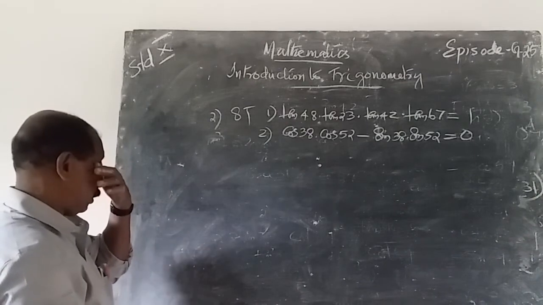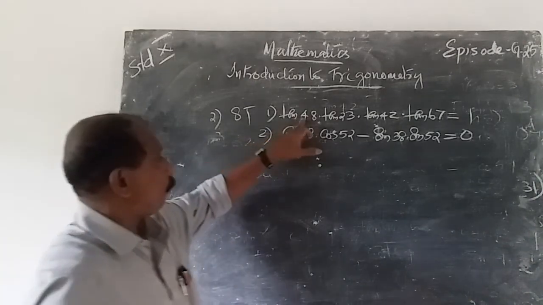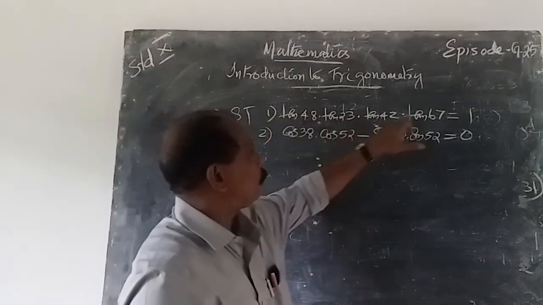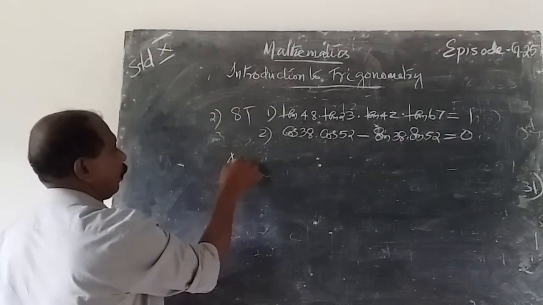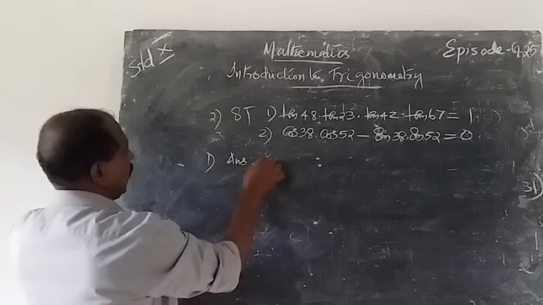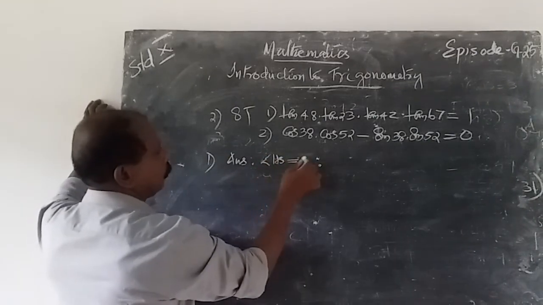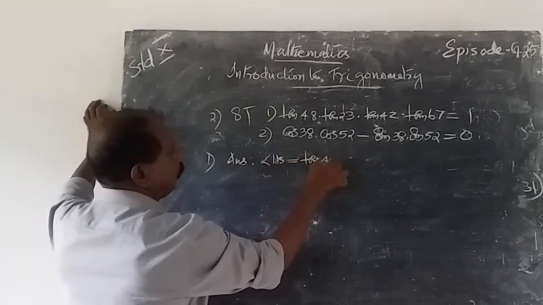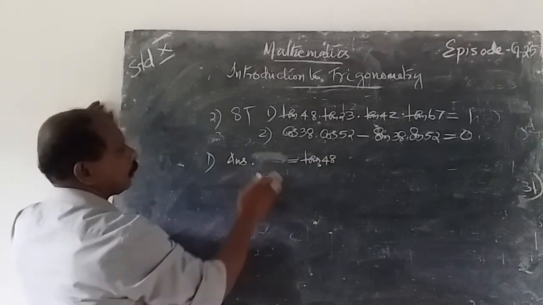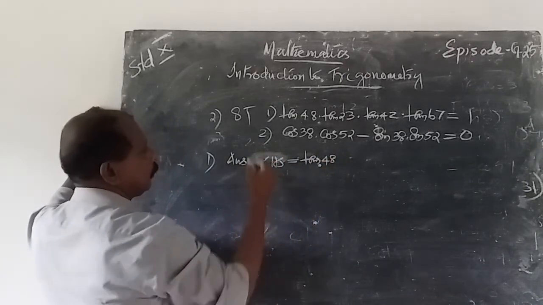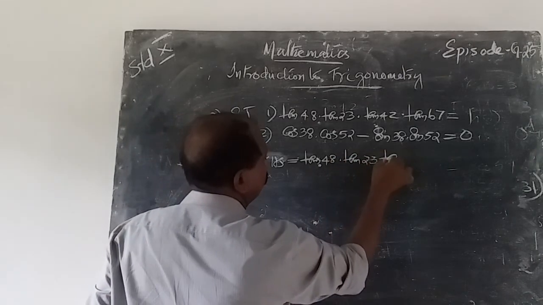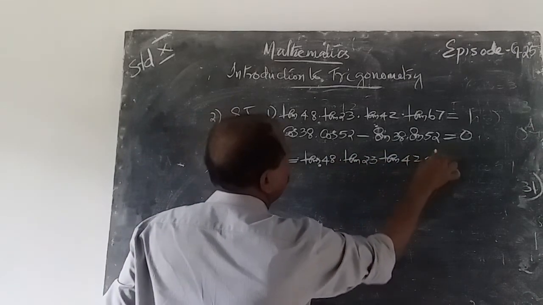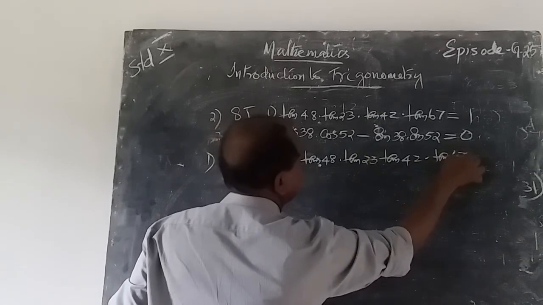Listen. That is 48, 23, 42, 67. That is the answer of question number 1. LHS is equal to tan 48 into tan 23 into tan 42 into tan 67.